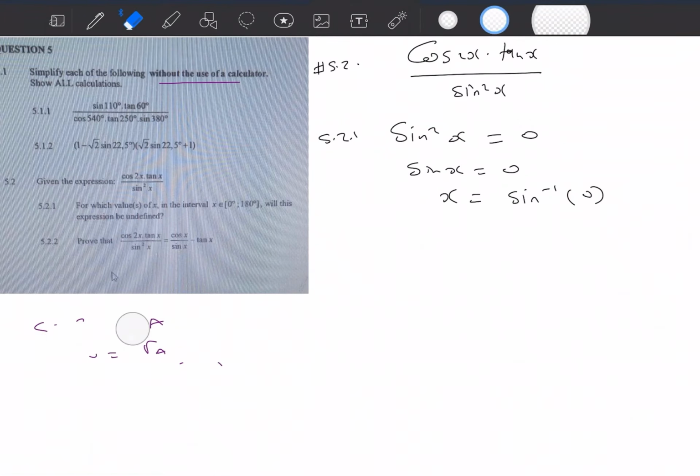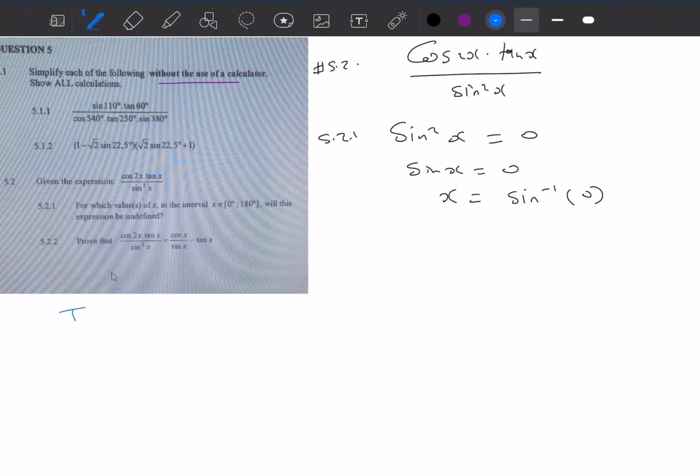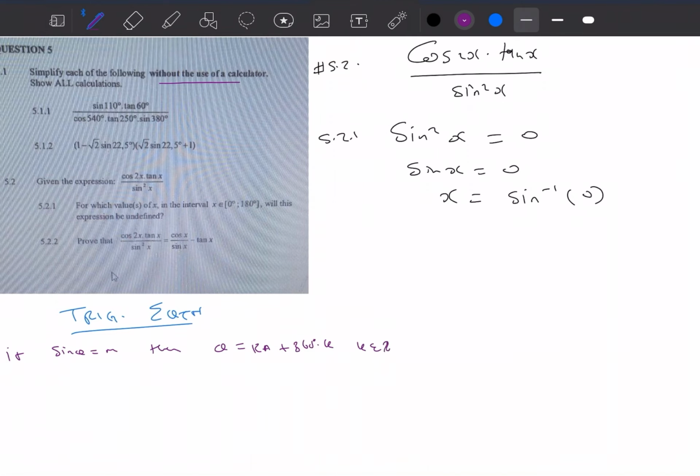The trigonometric equation says if sine theta is equal to m, then theta is equal to your reference angle, which we call RA, plus 360 degrees times K, where K is an integer.